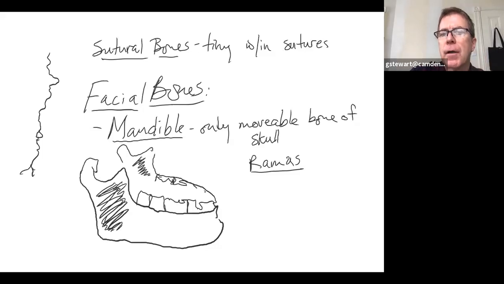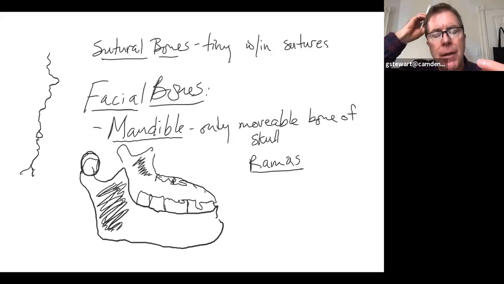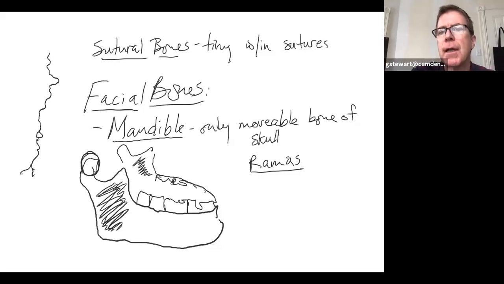The mandibular condyle, we've already identified. A condyle is a process projection that specifically articulates with another bone. In this case, now you know that the mandibular condyles articulate with the fossa in the temporal bone to create that temporomandibular joint.